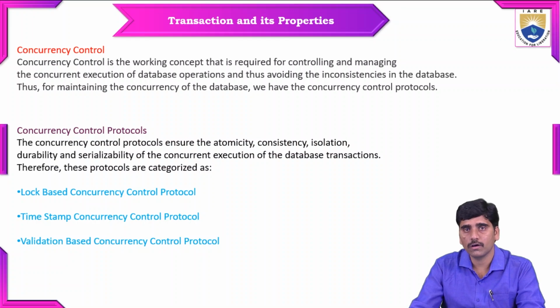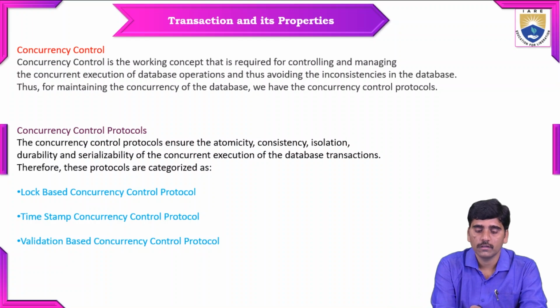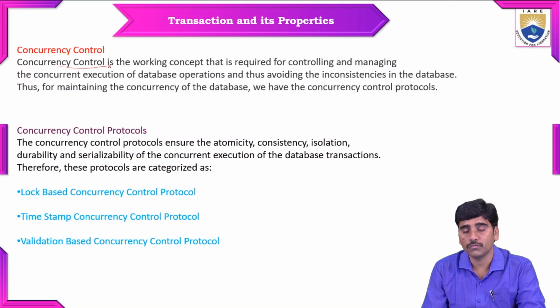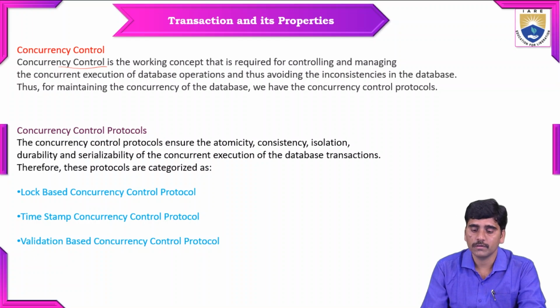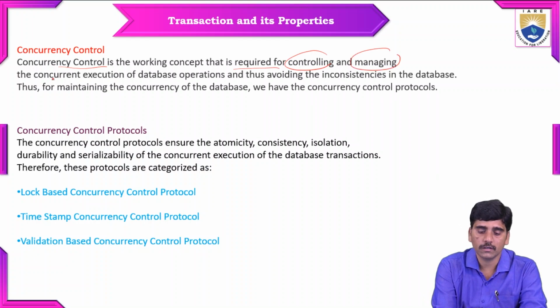So to avoid that concurrent execution, how can we do it? To control that concurrent execution, concurrency control is the working concept. Concurrency control is required for controlling and managing the concurrent execution of database operations.